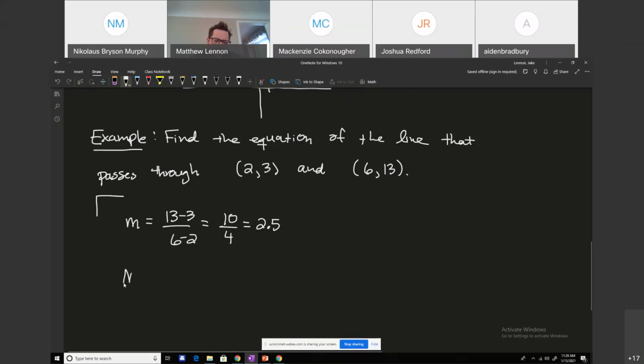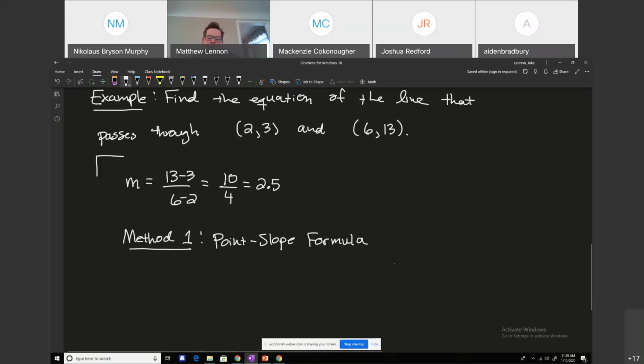So method 1, I'll say, is the point slope formula. What is the point slope formula?